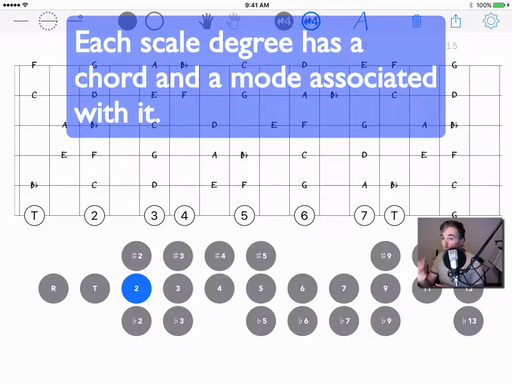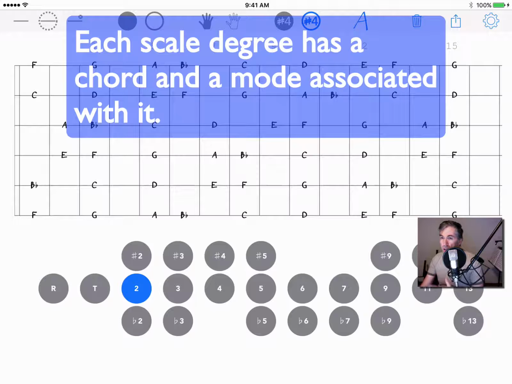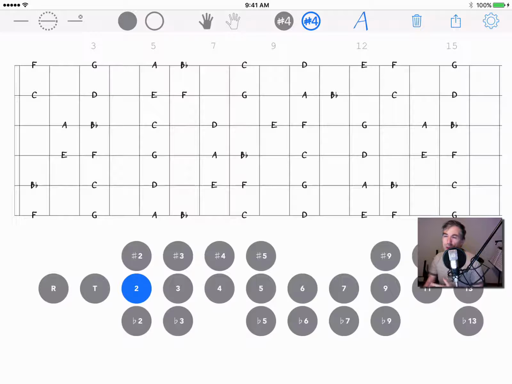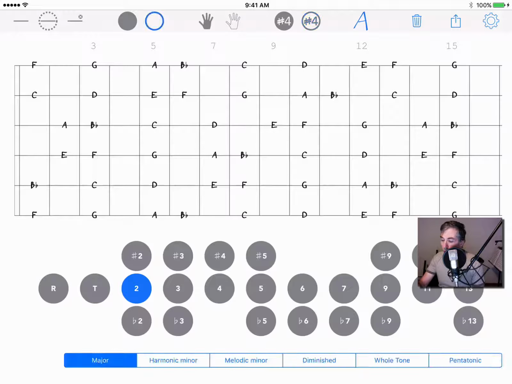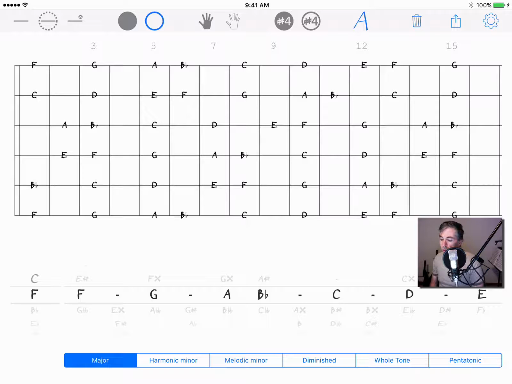It has a mode associated with it, and it has a chord associated with it as well. Okay, so those are the basic things that you need to understand really quick, or at least have a certain idea of when it comes to learning the major scale.